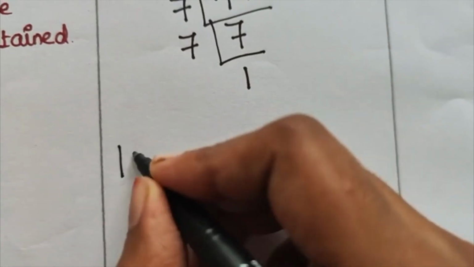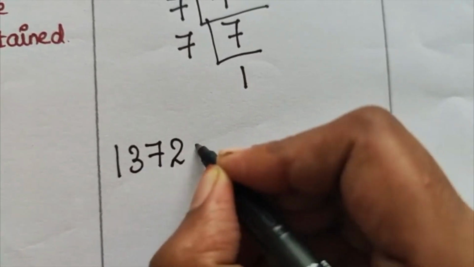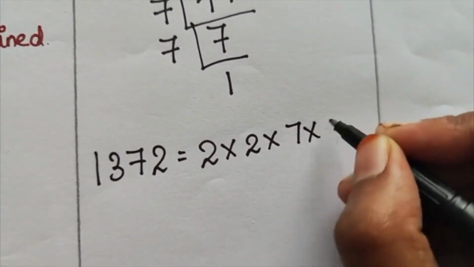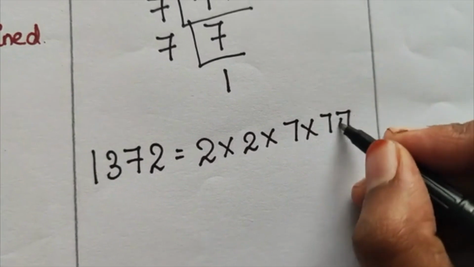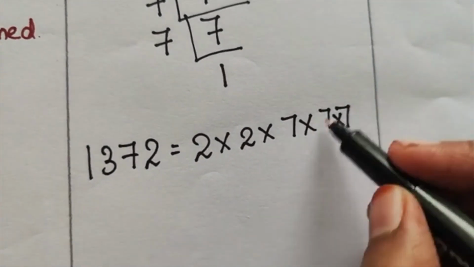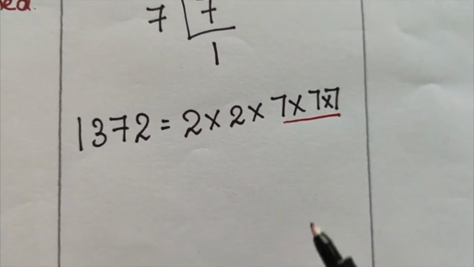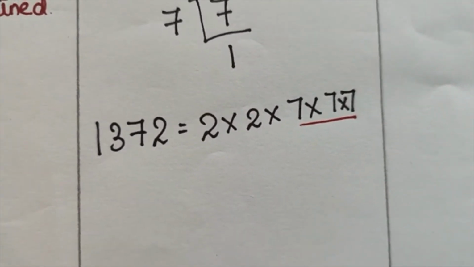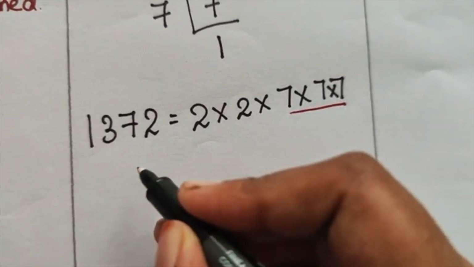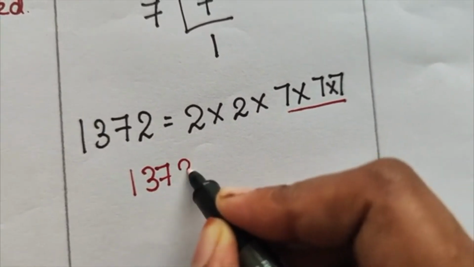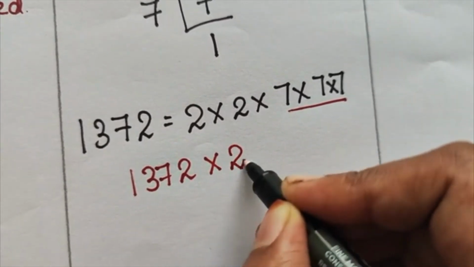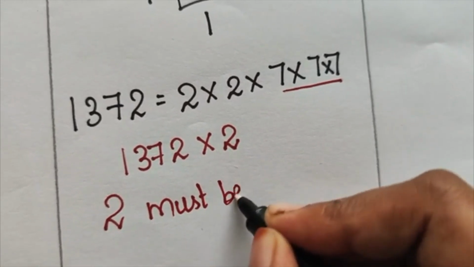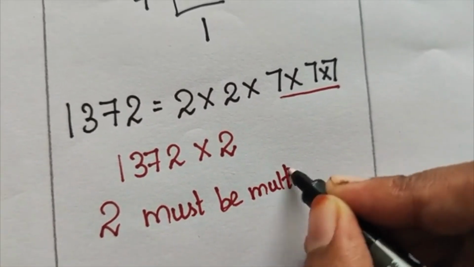So 1372 can be written as 2 into 2 into 7 into 7 into 7. Let me arrange this in triplets. 7 into 7 into 7 is a triplet. But 2 into 2 doesn't have a triplet, which means we need to multiply this with another 2. So 1372 into 2. We can write 2 must be multiplied.